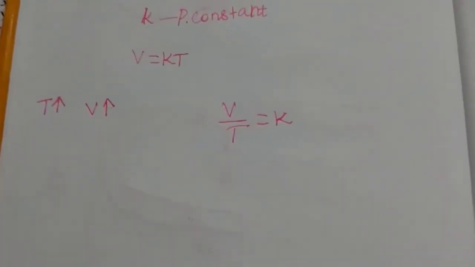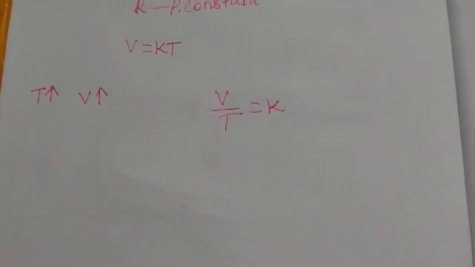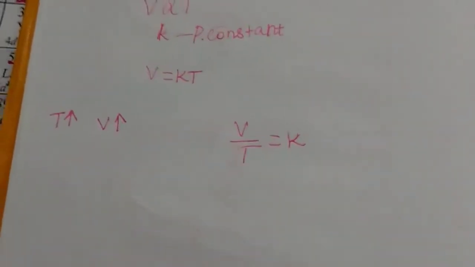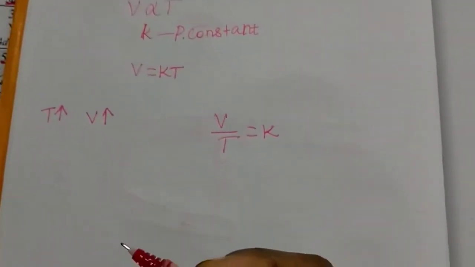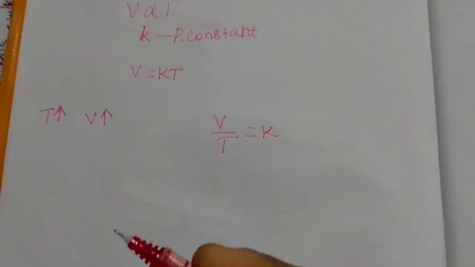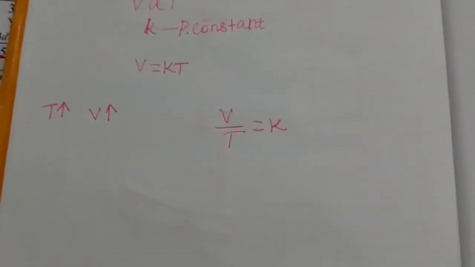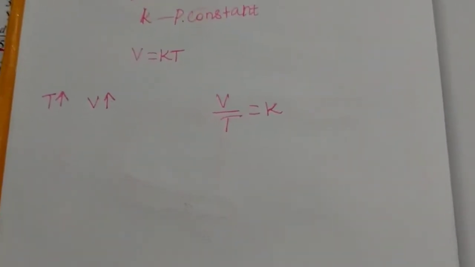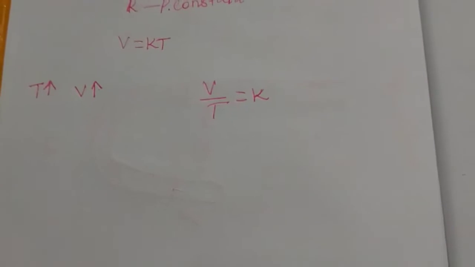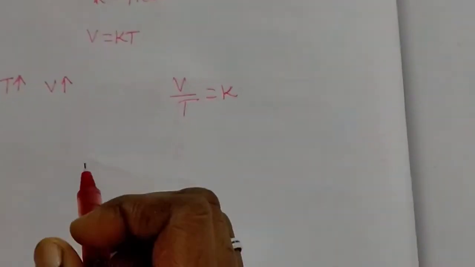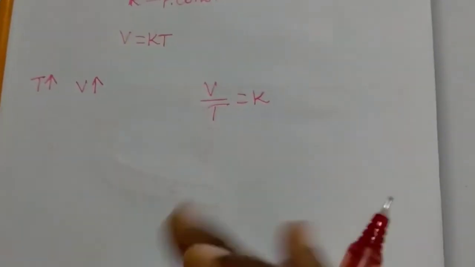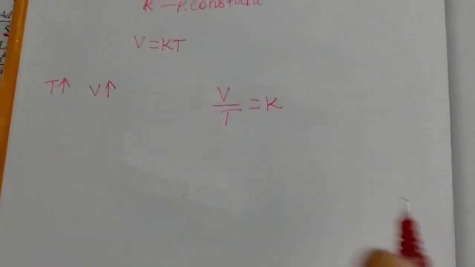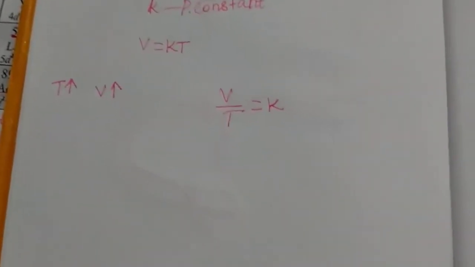We can write this for the same system at constant pressure, but with differing volume and temperature. That means if the temperature increases, the volume also increases, and if the temperature decreases, the volume decreases. Pressure is always constant and the number of molecules is also constant.